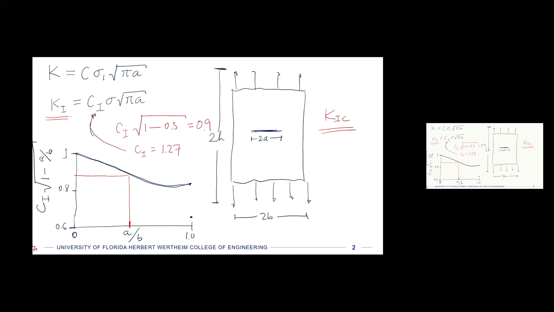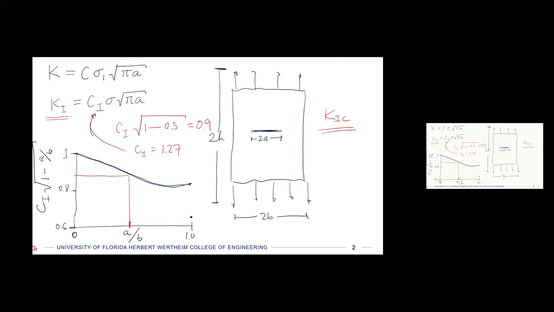So we assume this is a homogeneous linear elastic solid. And so if we make those assumptions, then this is generally what comes out of it. And then we compare that with the critical fracture toughness for a particular material. Yep, it's a good question.